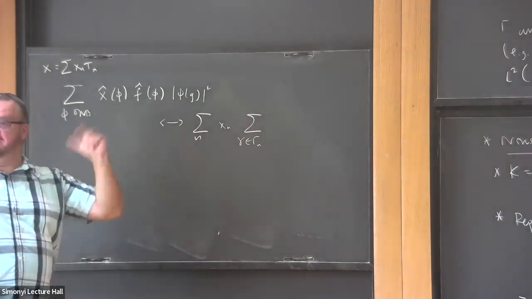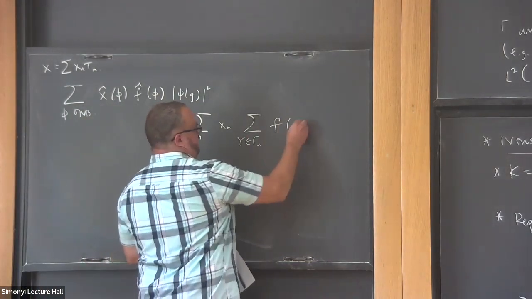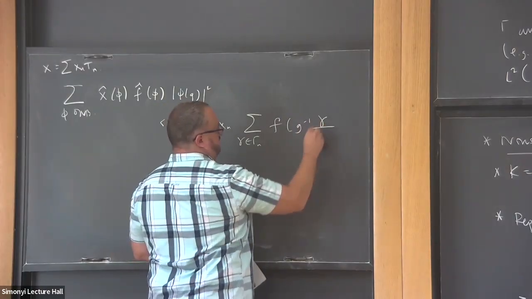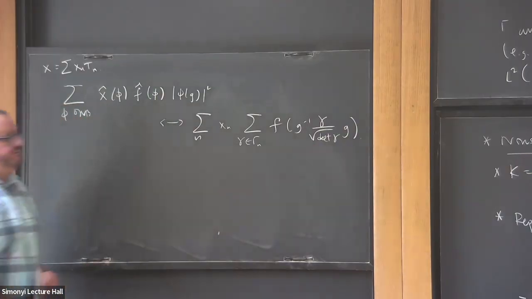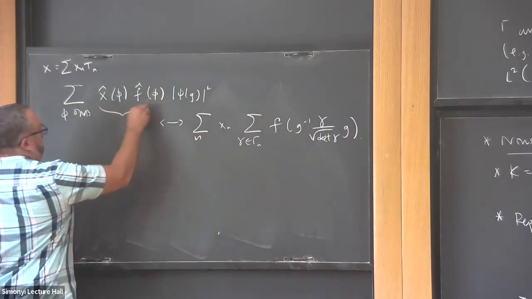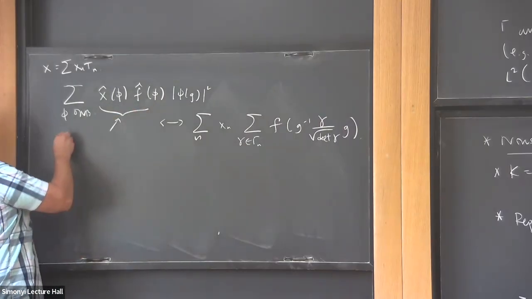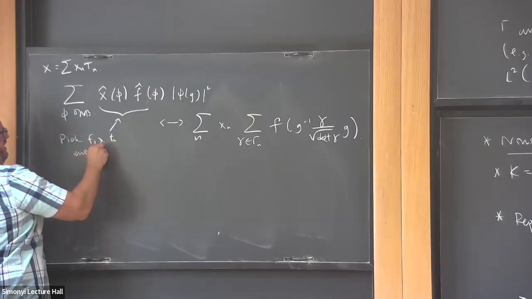So rather than determinant 1, you get matrices of determinant n. And then you get f of g inverse gamma g over the square root of the determinant. So that's how it generalizes. And then again, the philosophy is that you pick f and x to emphasize your form.